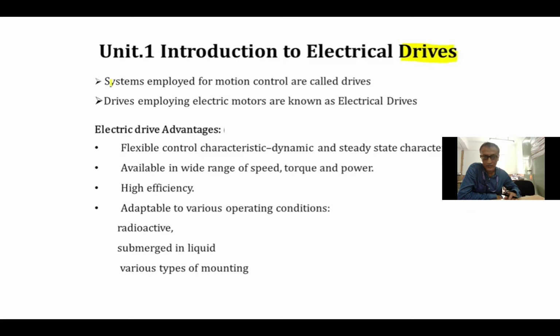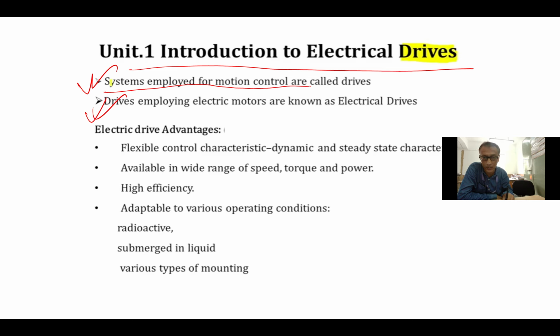Now, next, some of the advantages of the electrical drives with respect to the mechanical system. So first, write down the definition. A system employed for motion control is called the drives. That means in both cases, you have to control the machine or motion.